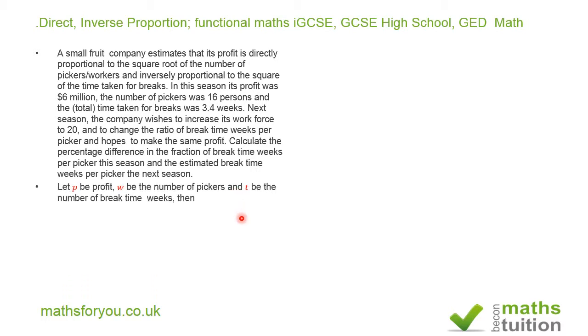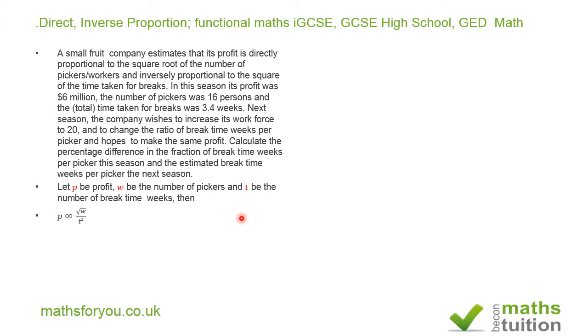Let P be profit, W be the number of pickers or workers, and T be the number of break time weeks. Then the profit is proportional to the square root of W and inversely proportional to T squared.